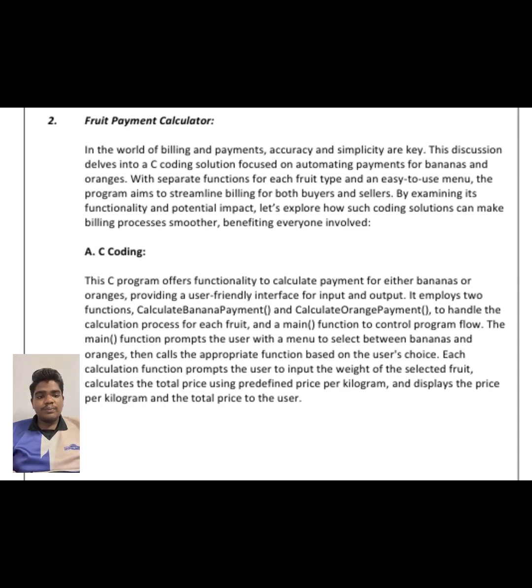The main function prompts the user with a menu to select between bananas and oranges, then calls the appropriate function based on the user's choice. Each calculation function prompts the user to input the weight of the selected fruit, calculates the total price using a predefined price per kilogram, and displays the price per kilogram and the total price for the user.